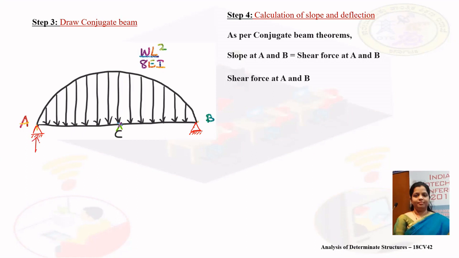It is denoted as VA and VB. These are the slopes, theta A and theta B at the supports, and deflection will be at midspan, that is delta C.